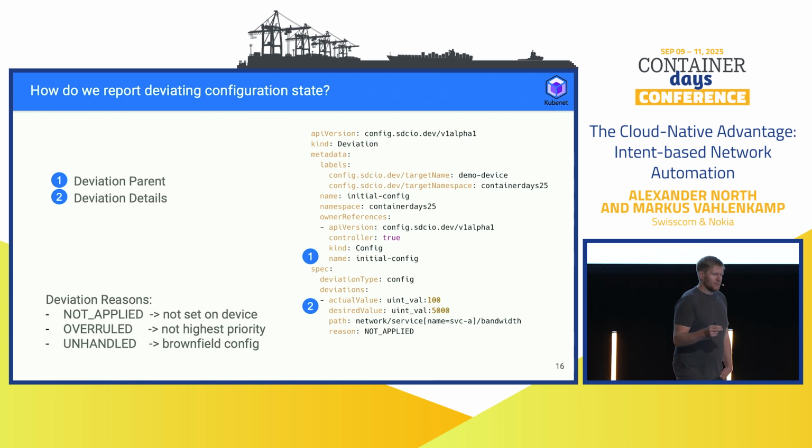Unhandled means that's brownfield config, so there is config on the device where we do not have any intent for, and therefore we reflect it into the API and tell you there is configuration on the device. There's no intent for it, but we keep it, we work with it, and we'll be fine.